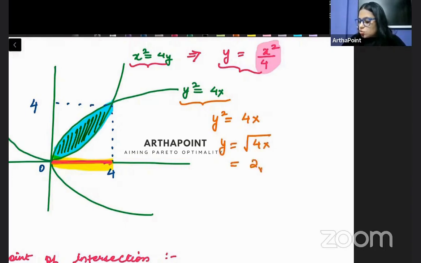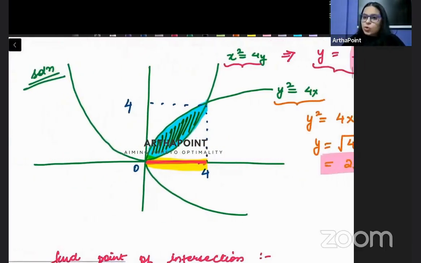That means 2 root x. Clear हुई ये बात? So I have been able to go ahead and get this curve also in terms of x and this curve also in terms of x. अब I can perform the integration.